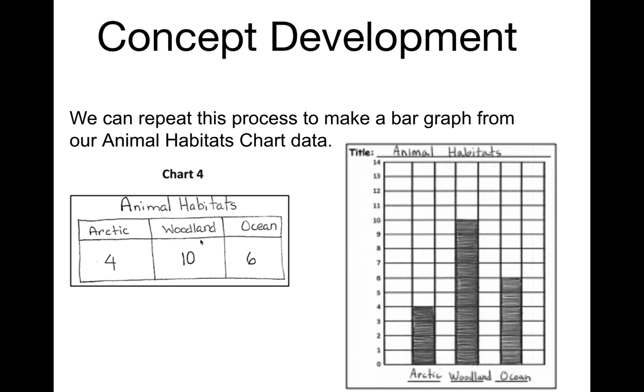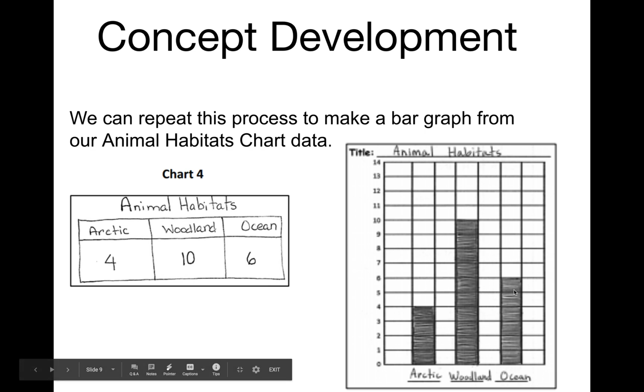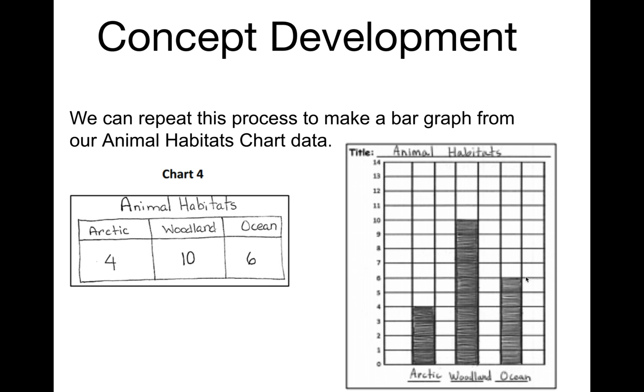And there are 10 in the woodland habitat, so that's correct. For the last one, I go all the way up until it stops. I see where this line lines up, and that is 6. We see that's lining up with 6. So you can see by the color-coded boxes how this data is being portrayed, and you can see that it directly lines up with the data we already had, okay?